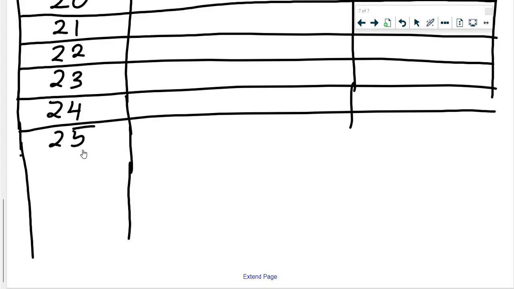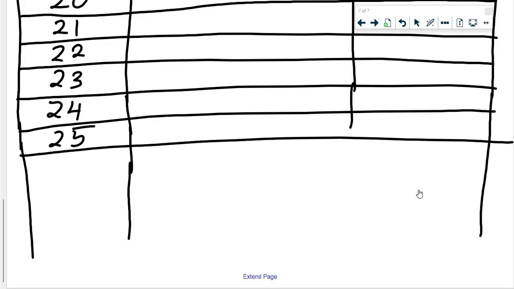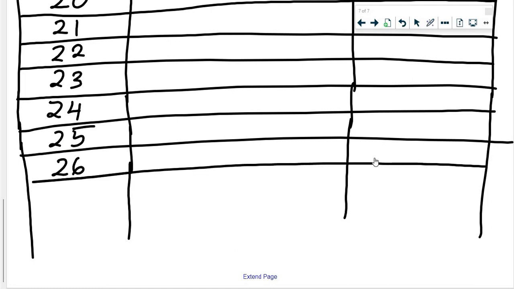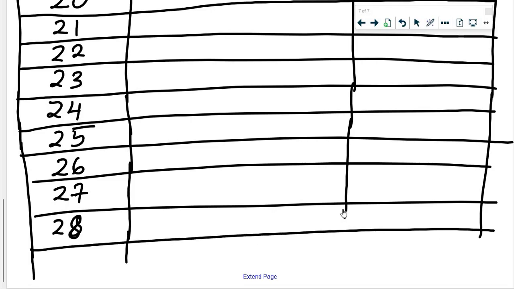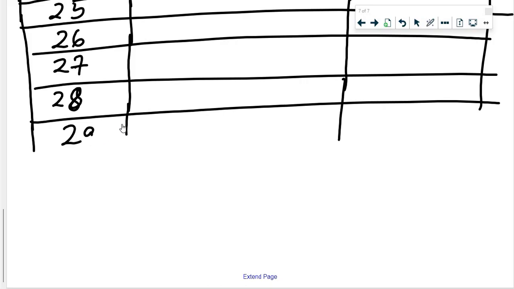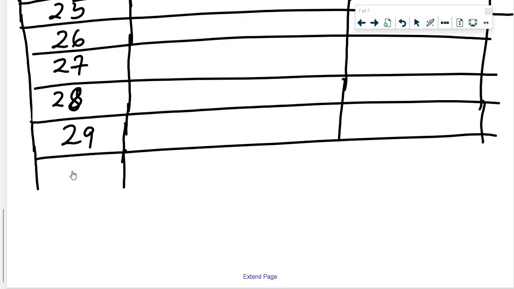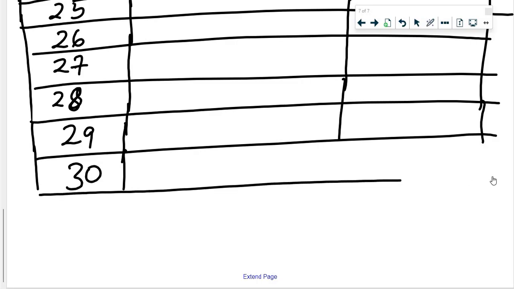We need more space. 25, 26, 27, 28, 29, last, you have 30. All right?